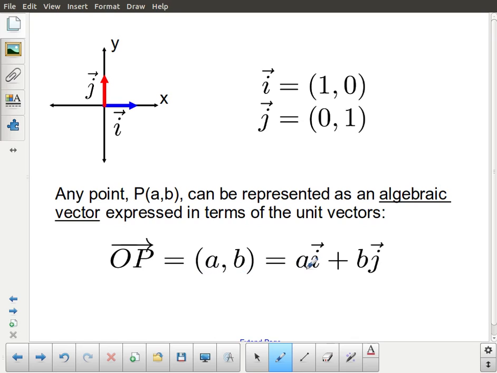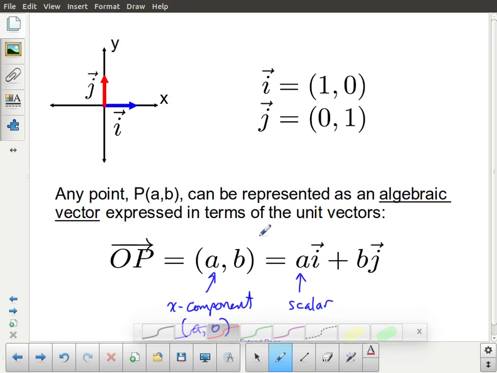We can now extend that to say that this scalar value a, which is the x component, and we've talked about that before as that would be equivalent to the vector (a, 0). Well, another way to write that is to take the scalar value a and multiply it by the vector i. And the one thing I want to emphasize here is that the value a is a scalar. The vector part, the direction part, is built into the vector i.